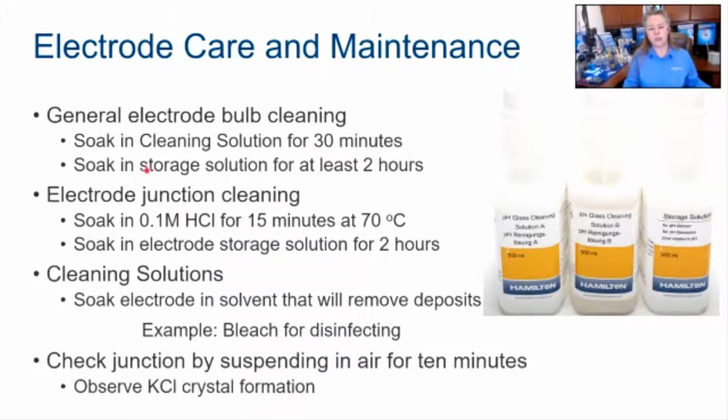So generally speaking, at the end of a run, especially bioprocess, sometimes in the lab, you should take your electrode out of your process and rinse it off so there are no chunky bits floating on it. No debris, no cells, anything like that. Soak the probe in a cleaning solution for 30 minutes. Hamilton has a cleaning solution A and a cleaning solution B. The A is for cleaning if your probes were exposed to acidic solutions.